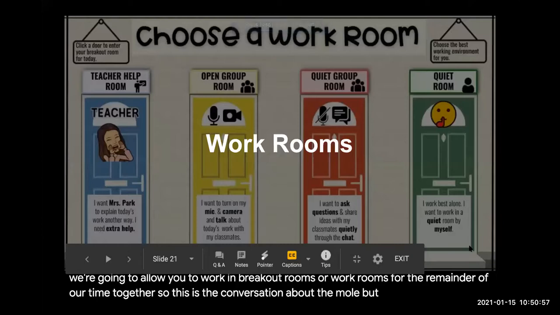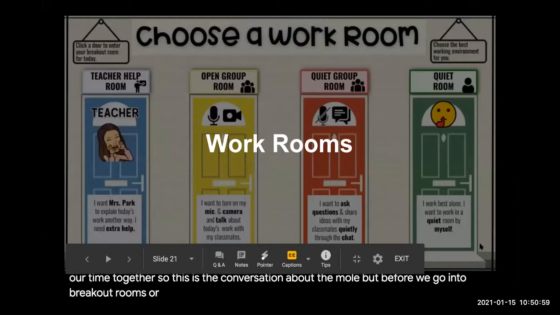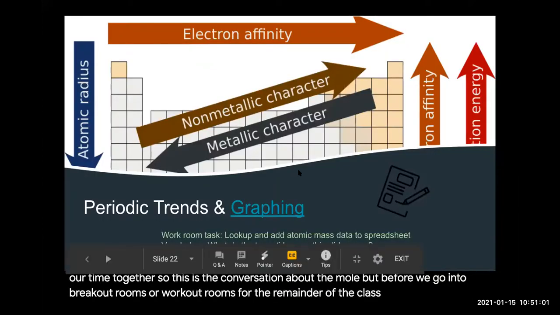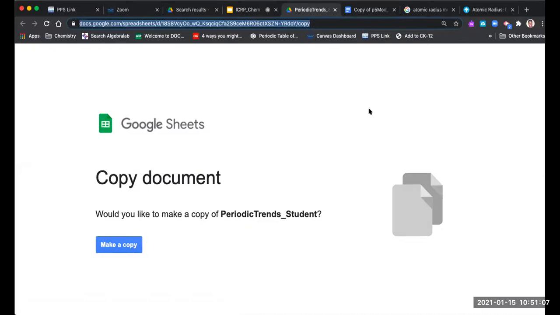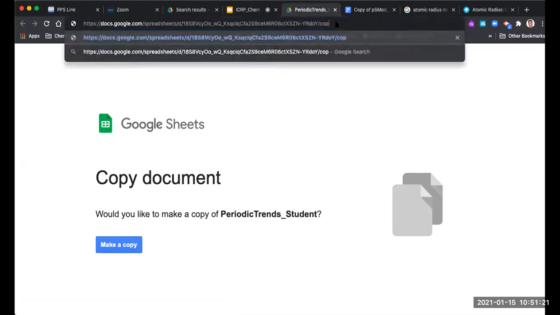But before we go into breakout rooms, I wanted to go back to the periodic table and look at this idea. I'm going to put a link in the chat for everyone. Please copy the document that I have.